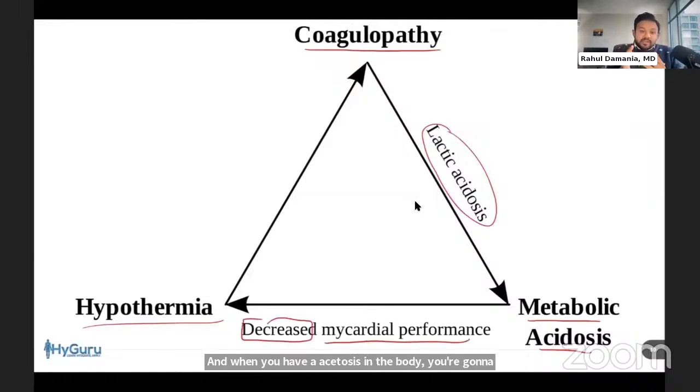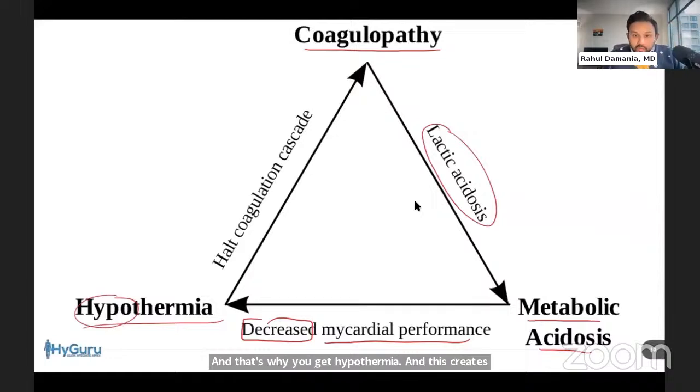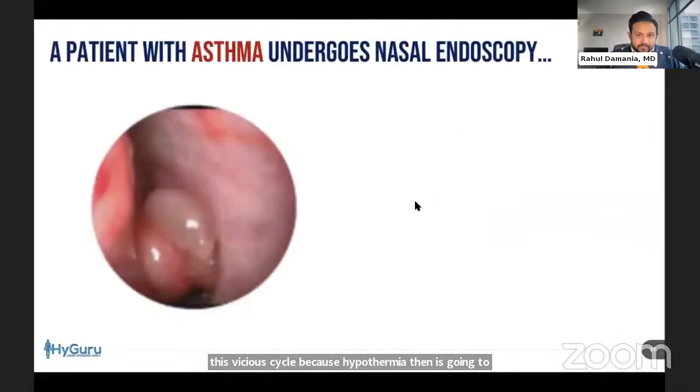Well, if you have decreased myocardial performance, you can't get the blood to the extremities. And as a result, your extremities are going to be cool and your core body temperature may also drop. And that's why you get hypothermia. And this creates a vicious cycle because hypothermia then is going to halt the coagulation cascade and worsen your coagulopathy.